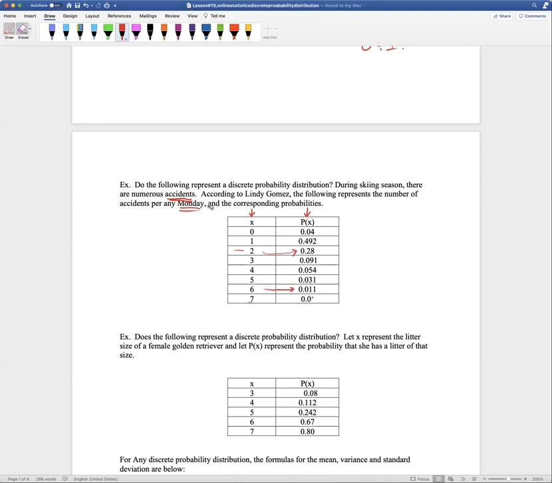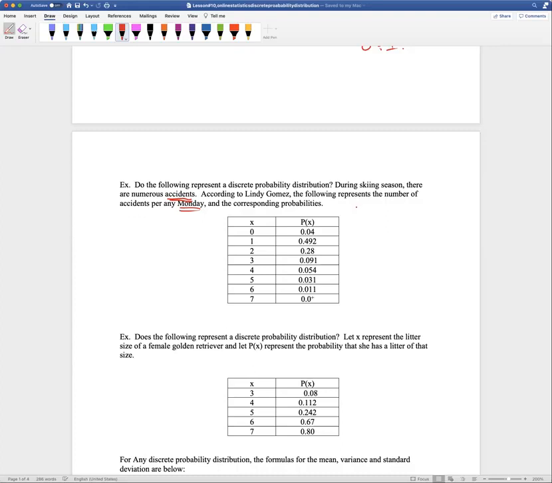Now, why do we create these probability distributions? Well, for a few different reasons. Let's say that you are Lindy Gomez, and you have to figure out how many doctors or how many nurses you should have on staff on Mondays at your ski slope.